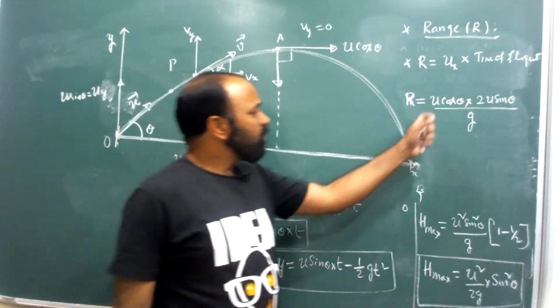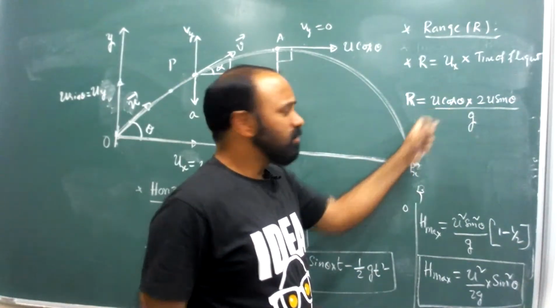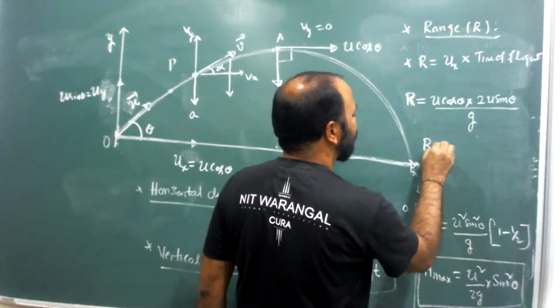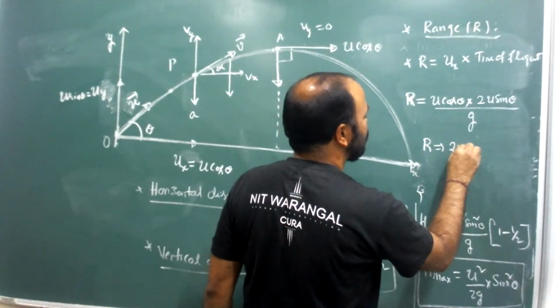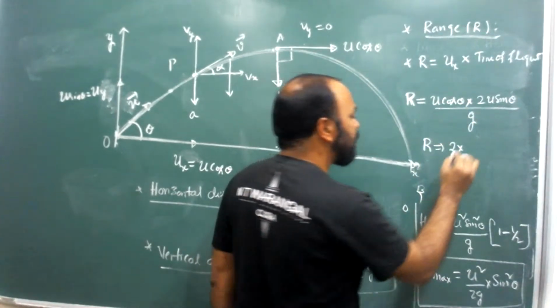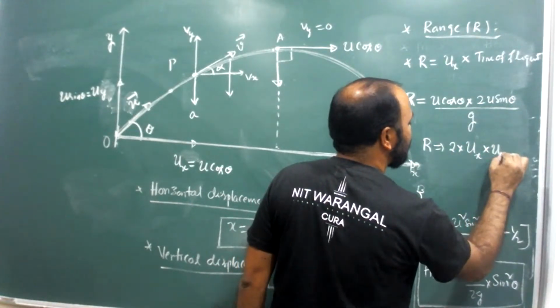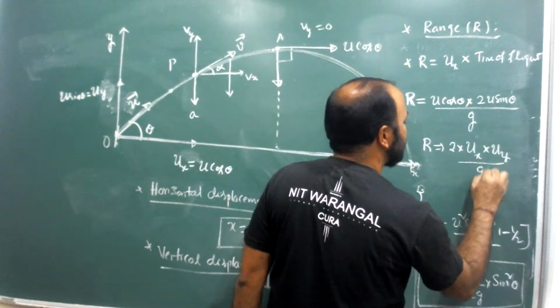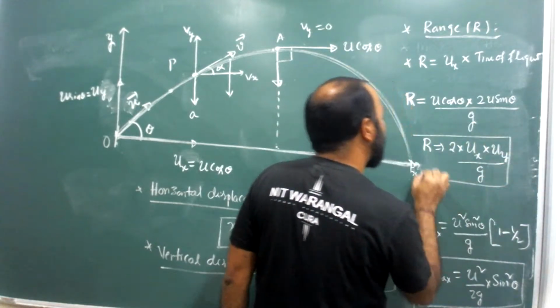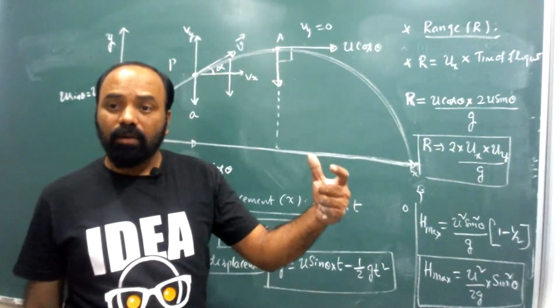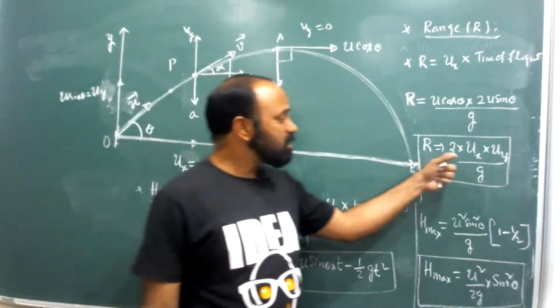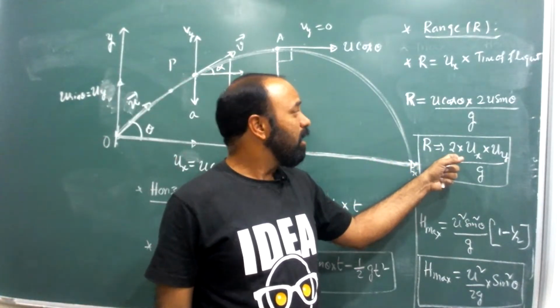If you rearrange these terms, we can write it in two different ways. One is 2 into u cos theta, which is ux, into u sin theta, which is uy, by g. Sometimes in the problem they will give the horizontal component and vertical component. In such a case, we can use this formula directly.